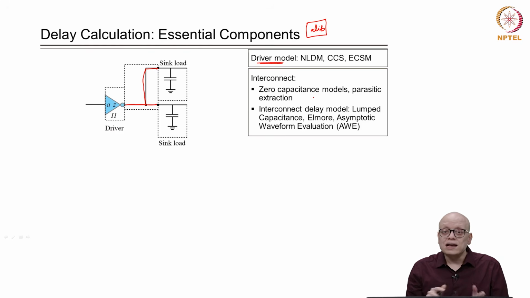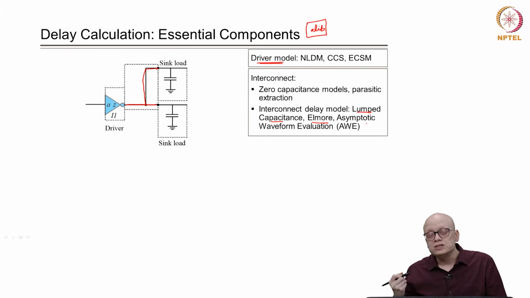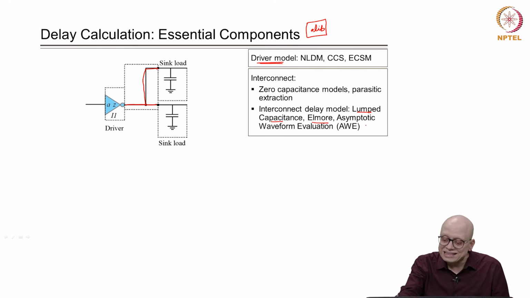But as the design flow progresses and the design contains more information about how the interconnects are laid out, more accurate models can be used, such as the lumped capacitance model, the Elmore delay model, or a model based on asymptotic waveform evaluation.